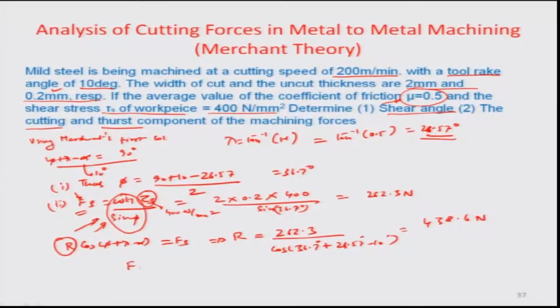You can calculate Fc and Ft from the R component. Fc is defined as R cos of lambda minus alpha. I think we have illustrated this earlier in the Merchant circle.